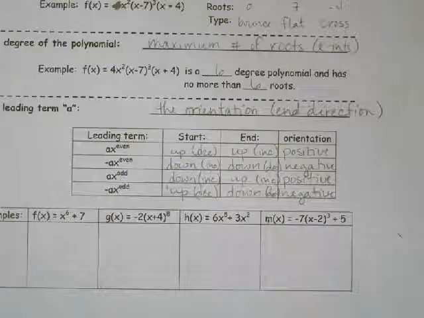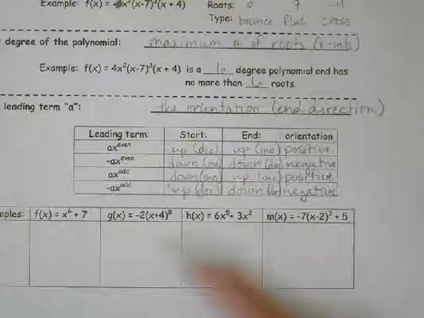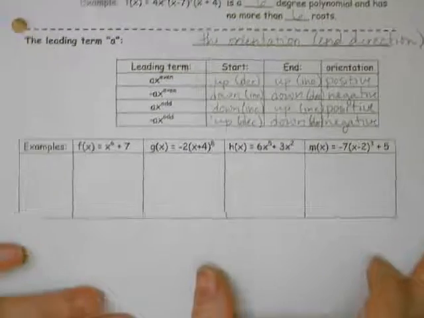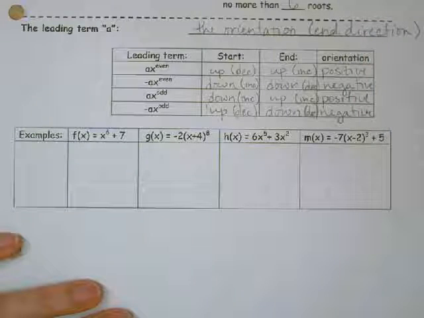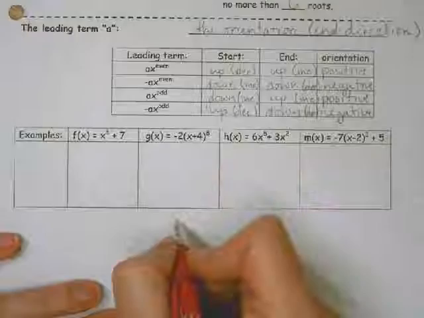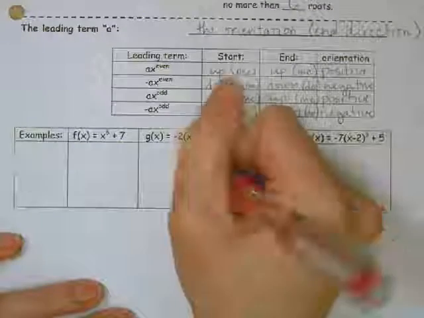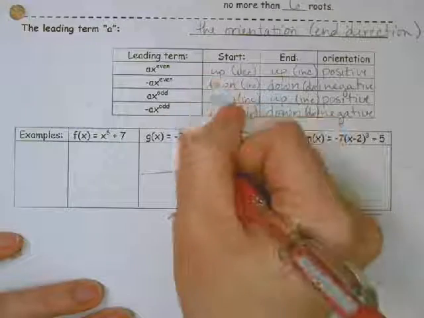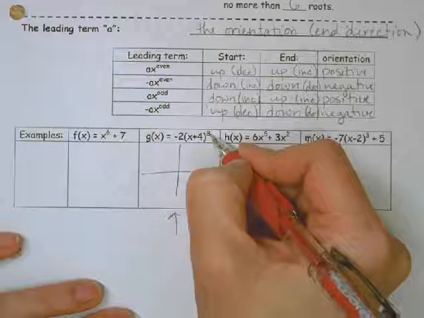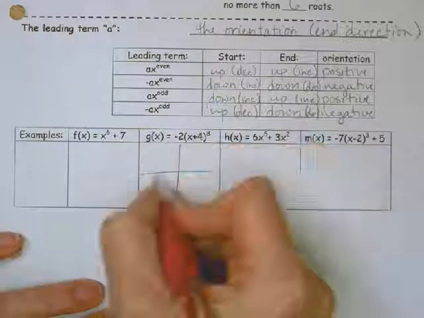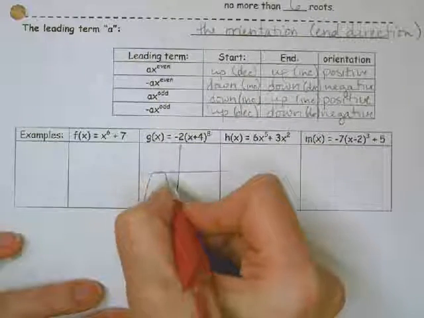I'm not going to talk about these down at the bottom very much, except to discuss that a lot of these rules, especially the ones at the top, have to do with when we're in the factored form of the equation. And the only one that's in the factored form is this one. So this one would tell us that we have a negative orientation. We have a bouncing root at -4 and a fairly flat bouncing.